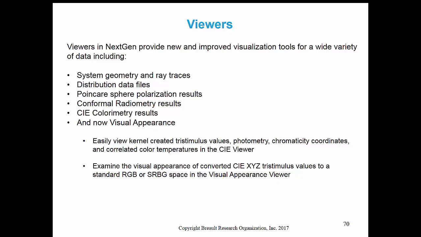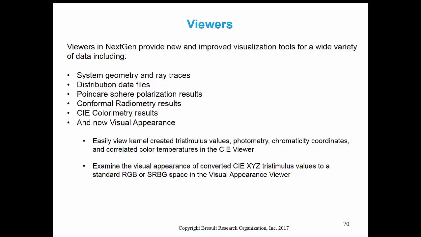Kernel-embedded photometric simulations of illuminance, luminous intensity, luminance, and kernel-embedded colorimetry analysis in the following color spaces: CIE 1931 XYZ, CIE 1960 UVW, CIE 1964 U*V*W*, CIE 1976 L*a*b*, and CIE 1976 L*u*v*.